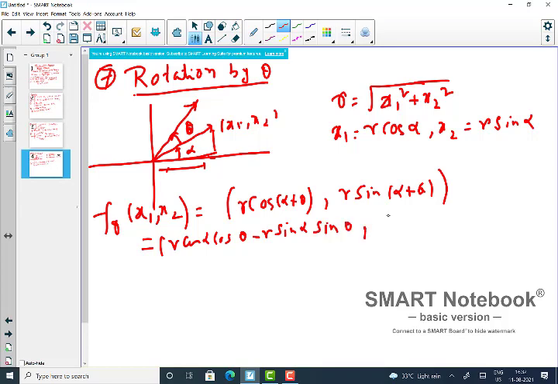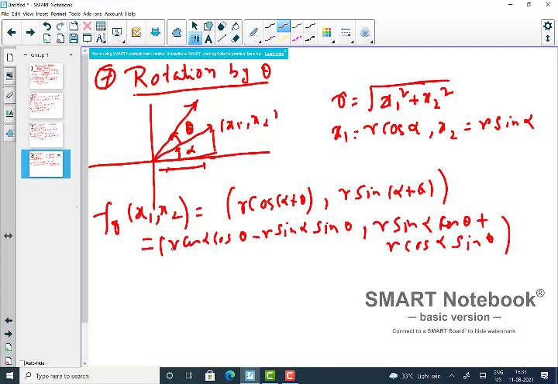Similarly here, r sin alpha cos theta plus r cos alpha sin theta. So this will be the coordinate of the vector after the rotation by theta.